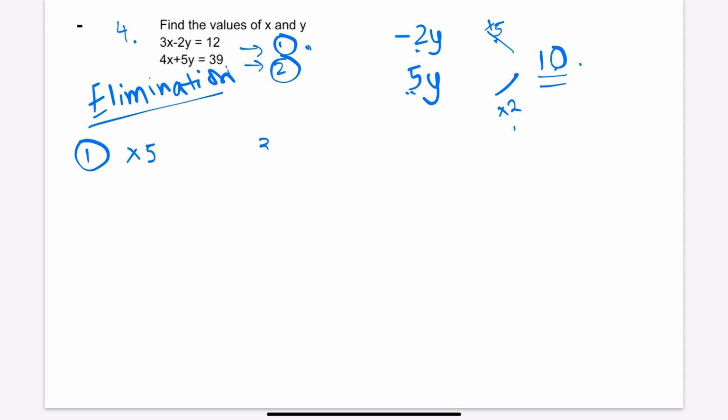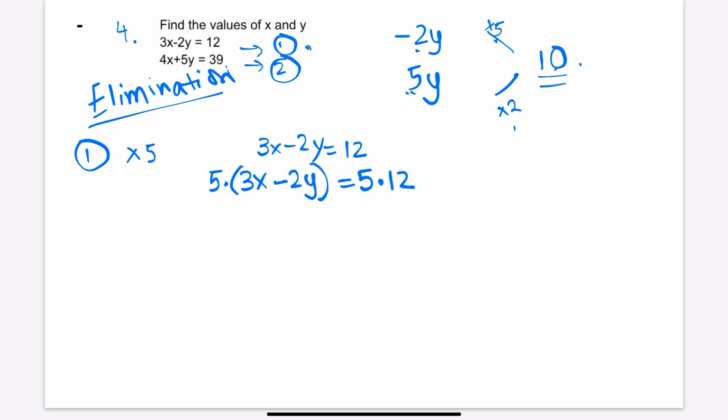We have 3x minus 2y is 12. I multiply the whole thing by 5: 5 times 3x minus 2y is 5 times 12. When I do something on the left side, I have to do the same on the right side, so I'm multiplying both sides by 5.